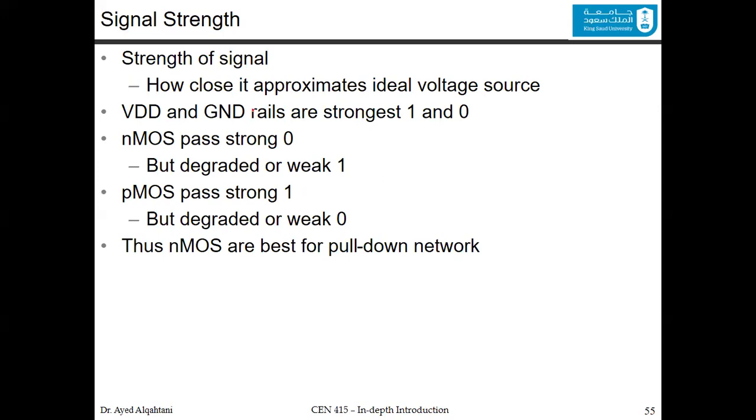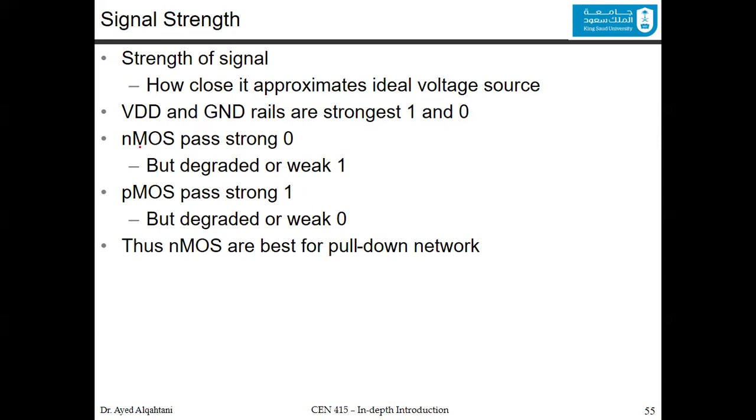Now, we'll talk about the signal strength. The strength of a signal is how closely it approximates the ideal voltage sources. So the VDD and the ground rails are usually the strongest. We call the VDD the strong logic 1, and we call the ground the strong logic 0.